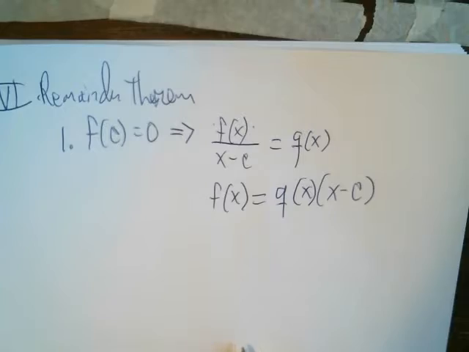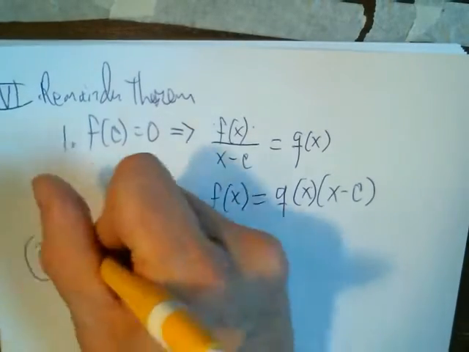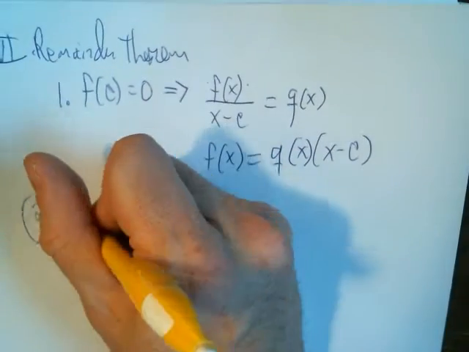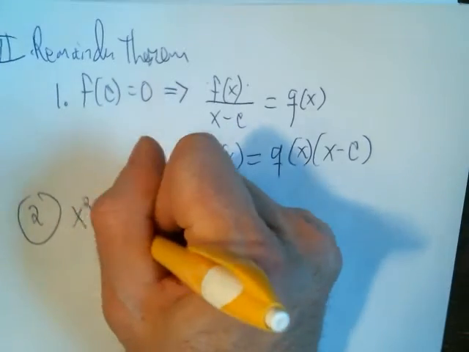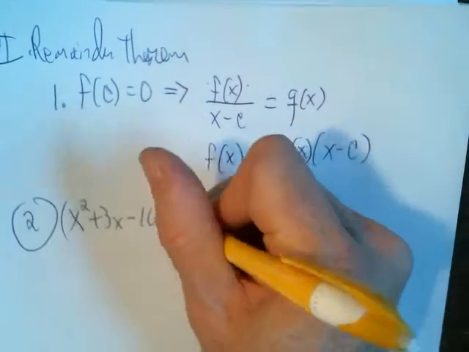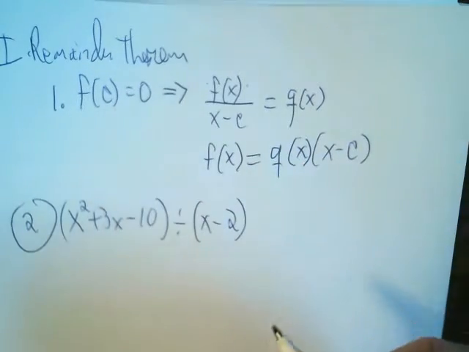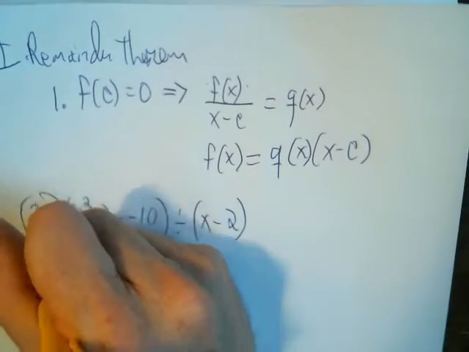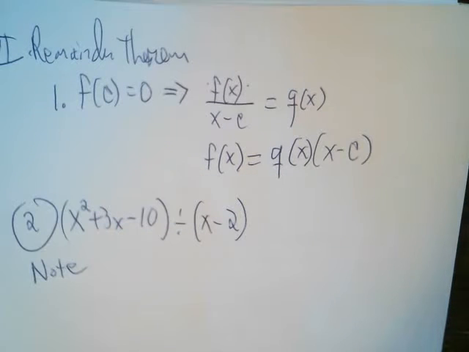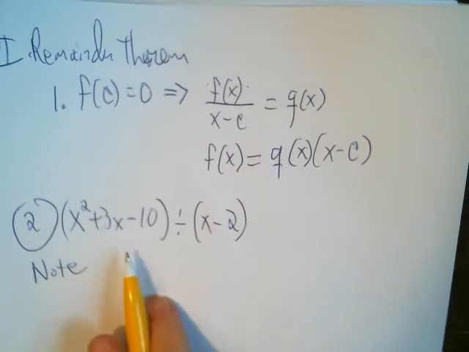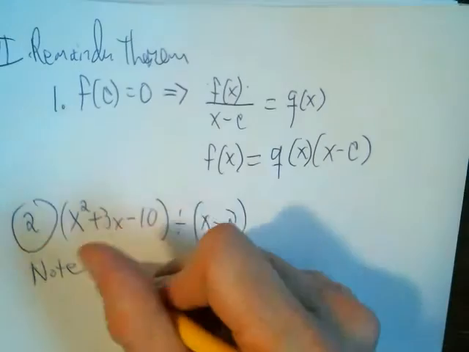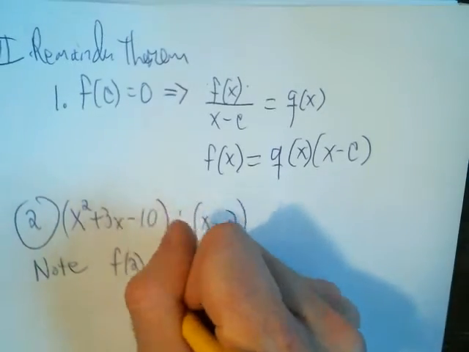Okay, so let's take a look at one of these characters, number 2. And we have x squared plus 3x minus 10, divided by x minus 2. Okay. So we note, what is this function evaluated at 2? What is f of 2?